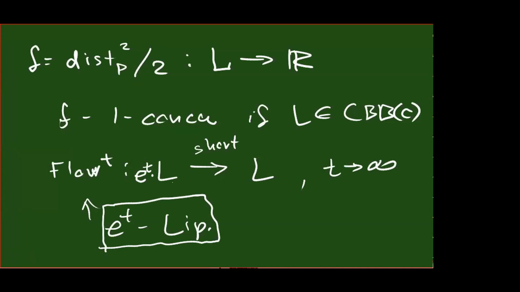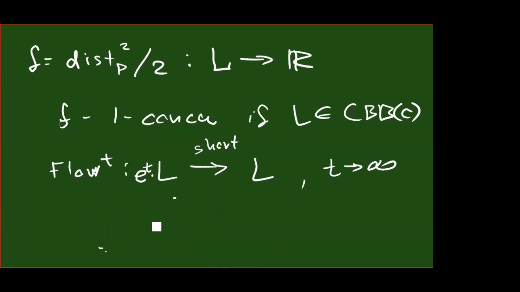In this case, this space converges to the tangent space at point P, and this stays the same. And in the limit, I get a short map from the tangent space to L. And this map is called the gradient exponent at the point P.